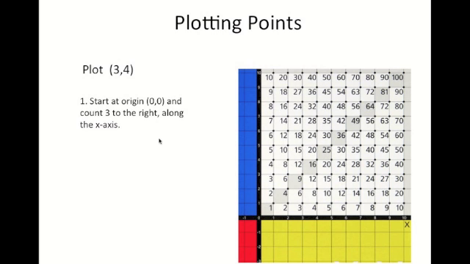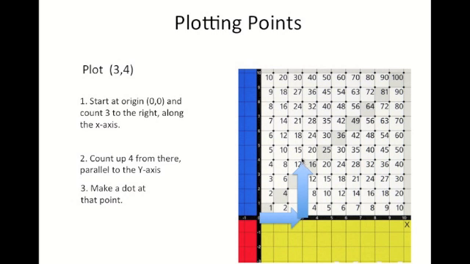And count over 3, the first number. 1, 2, 3. Next, count up to the second number, 4. 1, 2, 3, 4. Stop there, make a dot at this point. That's the point represented by 3, 4. You've just plotted a point.